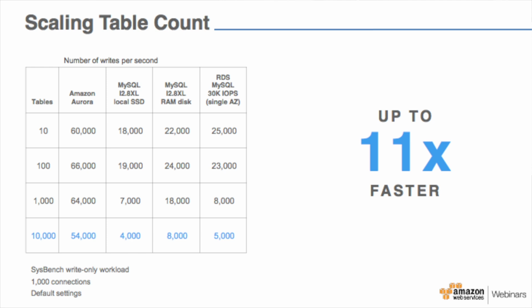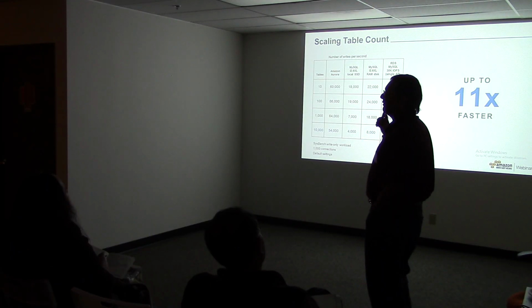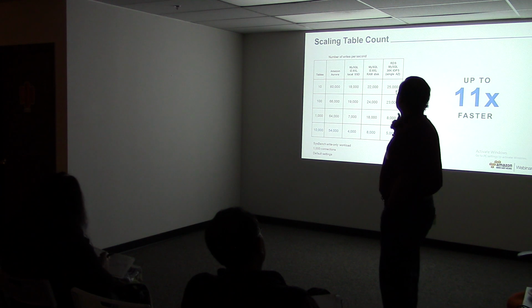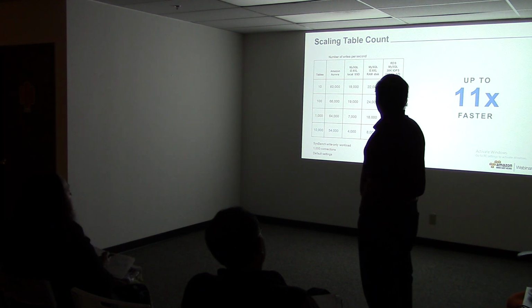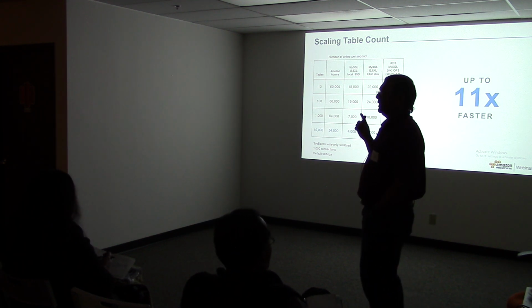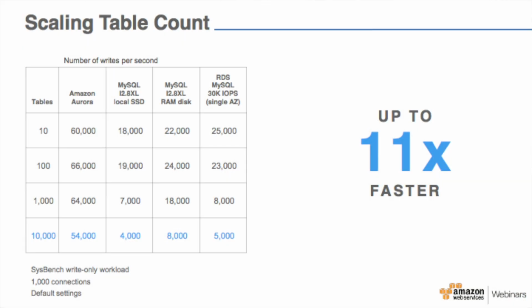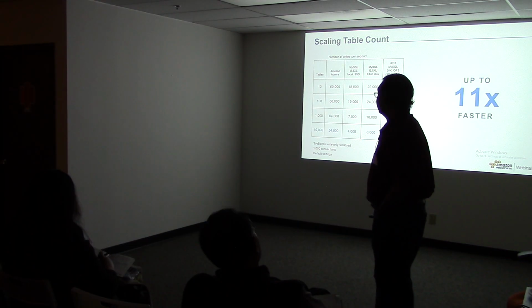And we actually tried this on different types of MySQL configuration. We tried with RDS MySQL using EBS storage volume, which is kind of like network storage, right? SAN storage. We tried on MySQL using RAM disk. We tried on MySQL using local SSDs.